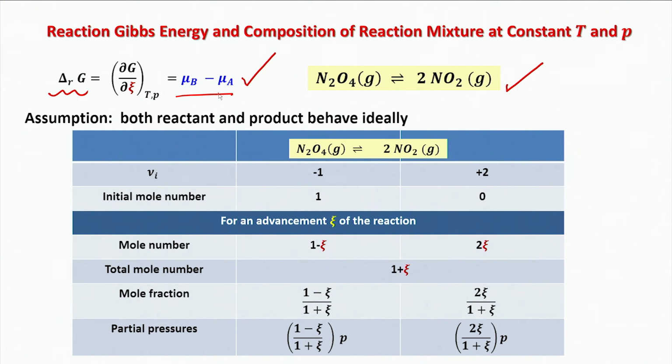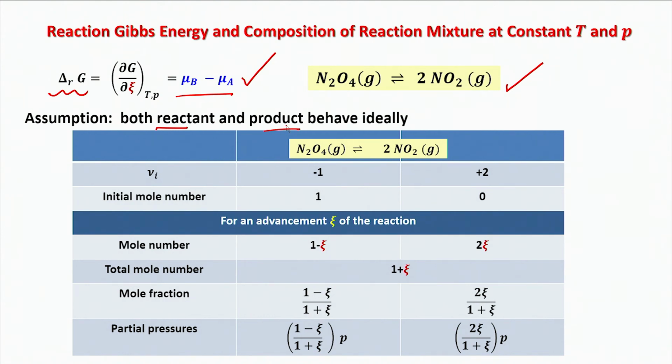So please remember that this is just the reverse of the chemical reaction that we were talking about in our thought experiment. In order to keep things simple, I'm going to make an assumption. And the assumption is, in this homogeneous gas phase reaction, my reactant N2O4 and my product NO2, both of them would behave ideally.